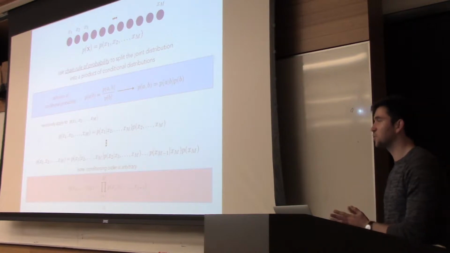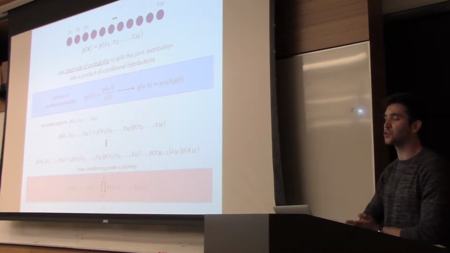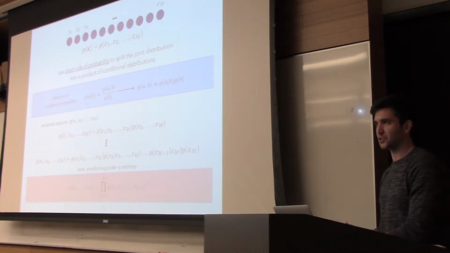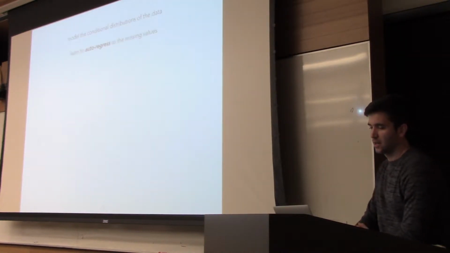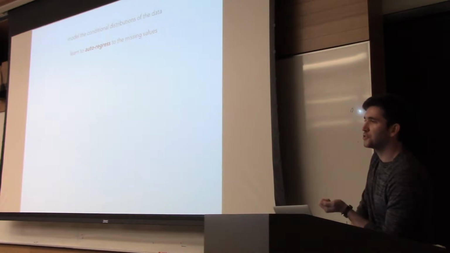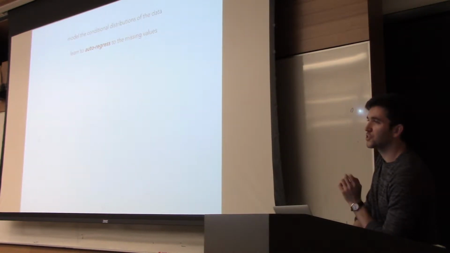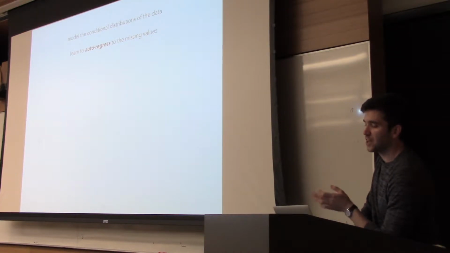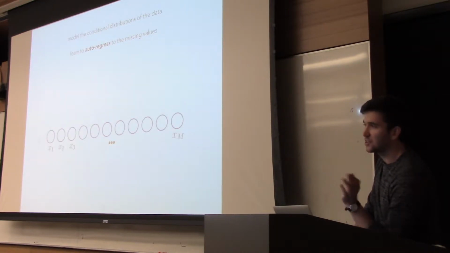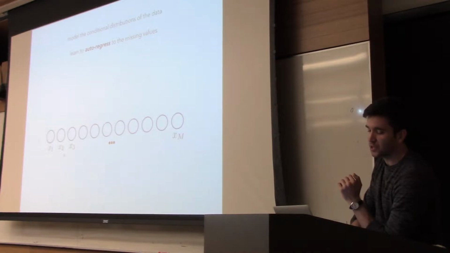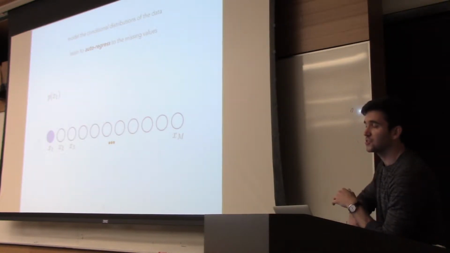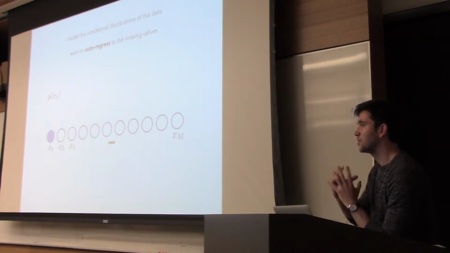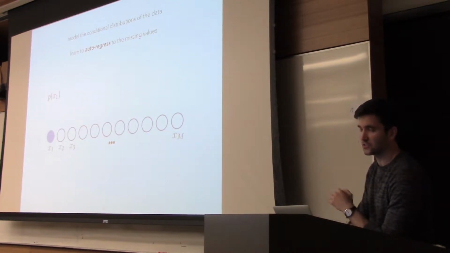And with this, we can rewrite this joint probability distribution as a product of conditionals. Now, what we're going to try to do is actually model these conditional probabilities. And in a sense, what we're going to do is auto-regress to these missing values. So if I have this example here that is completely empty currently, well, I can say, okay, what is the probability over this first entry? I'll assign it.